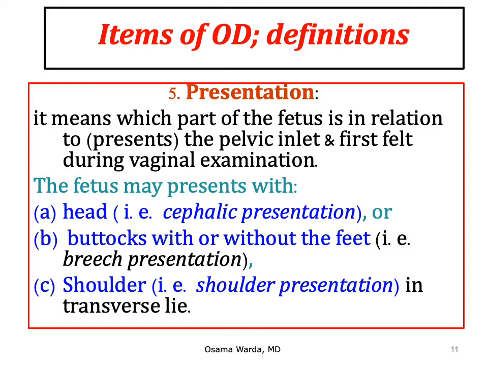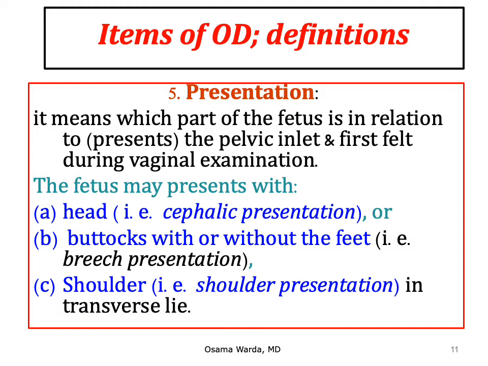This is complete flexion. Unlike cephalic presentation, where complete flexion attitude of the head is the most common presentation, which is the vertex presentation, in breech, complete flexion is not the common. Okay, you should remember that.